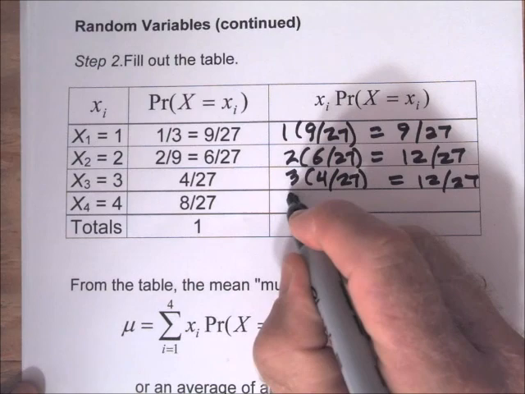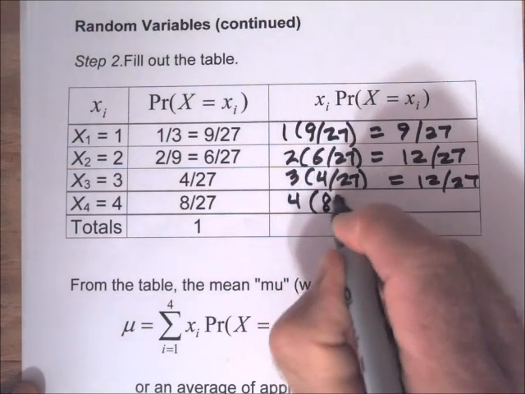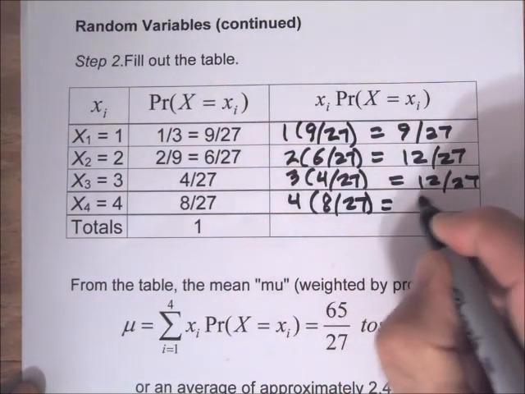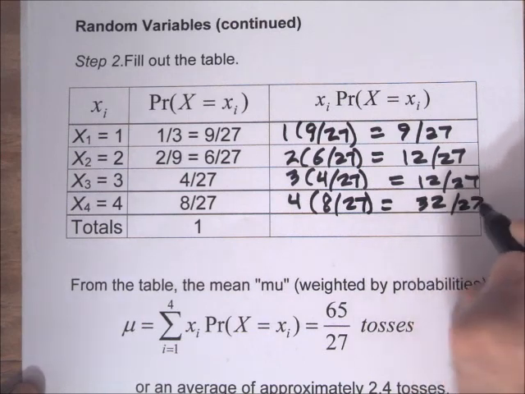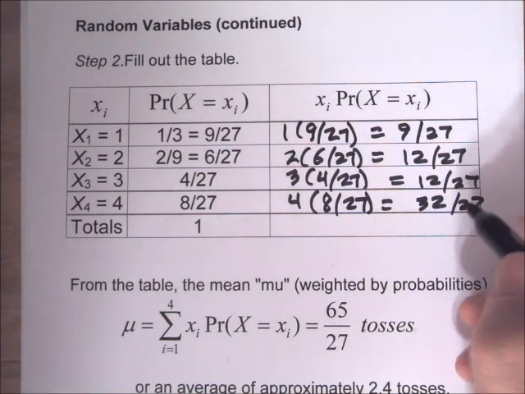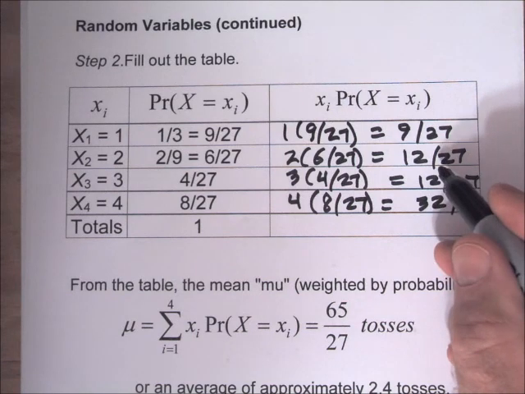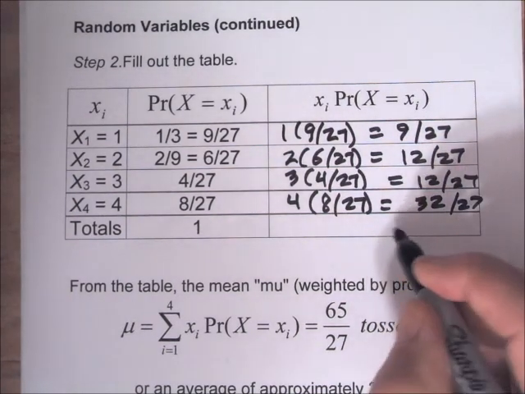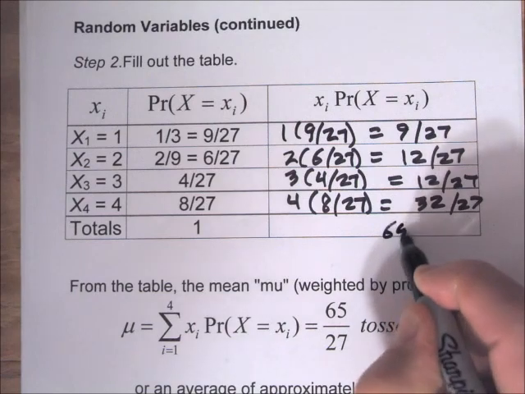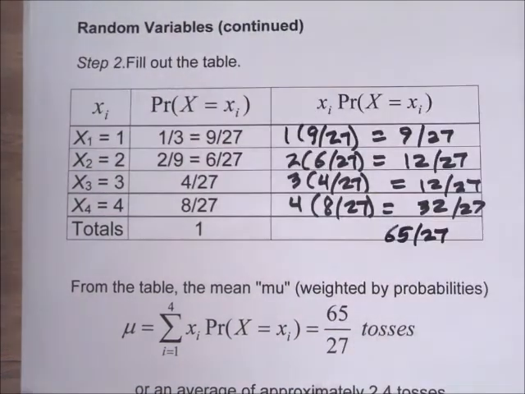And 4 times 8 over 27 is 32 out of 27. And if we add these, let's see, we have 32, 44, 56, 65. The total is 65 out of 27.